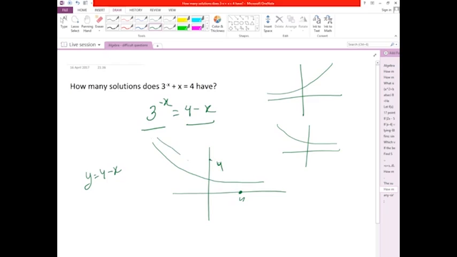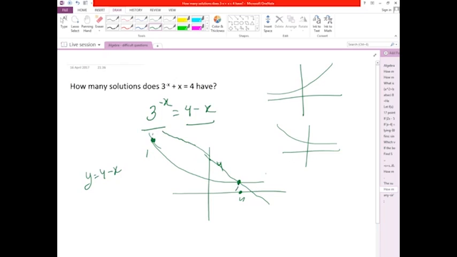So I haven't drawn this to scale, but even if it were, it will be a straight line of this kind, and the other graph will continue to rise. So they will intersect once on this side and once on the other side, because the exponential will be rising fairly steeply and the straight line won't be rising. So they will intersect at some point on the other side. So there will be 2 points of intersection.